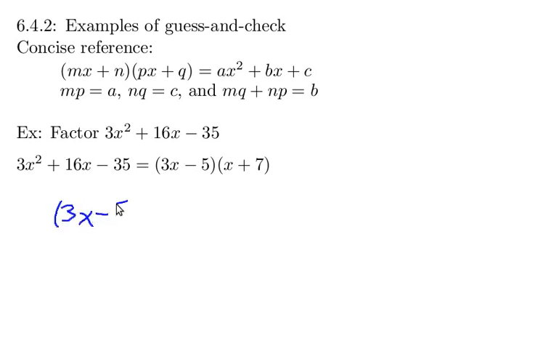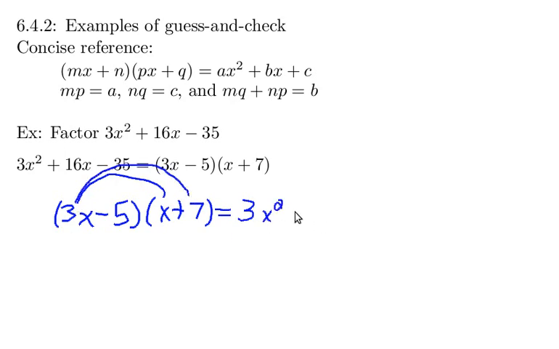3x minus 5 times x plus 7. So 3x times x will equal 3x squared. 3x times 7 will give you plus 21x. And then negative 5x minus 35.